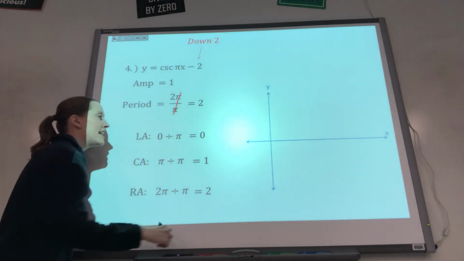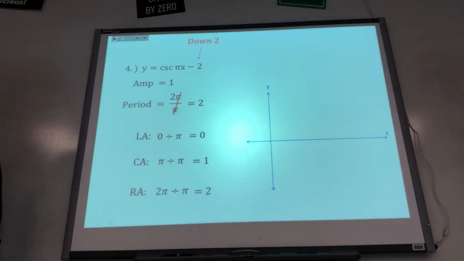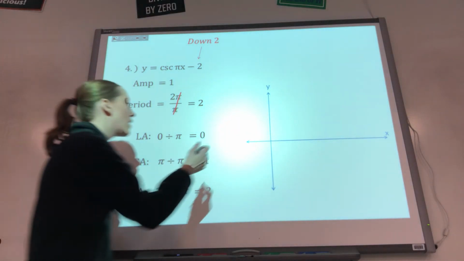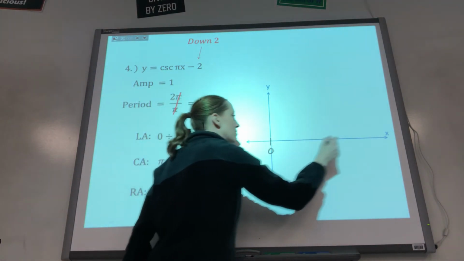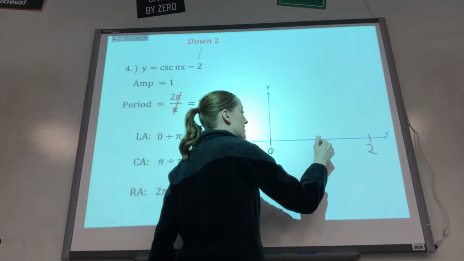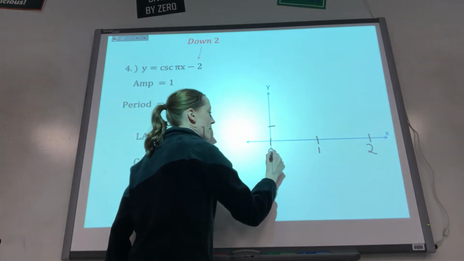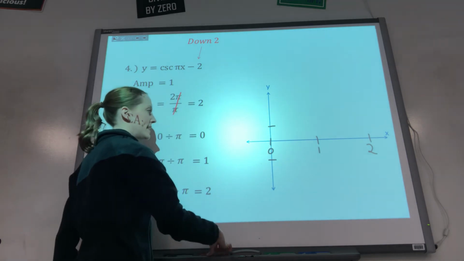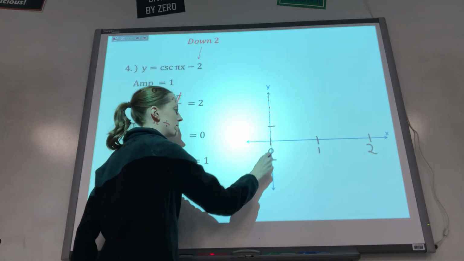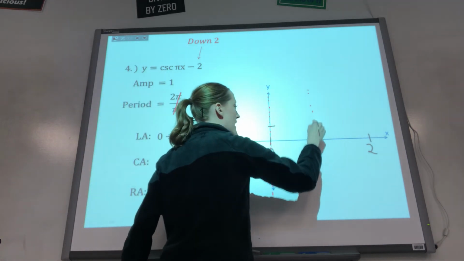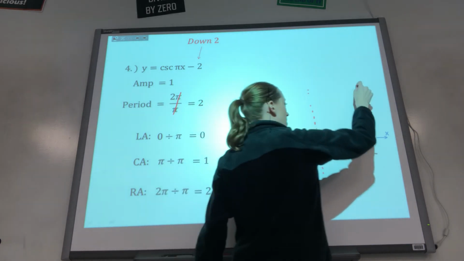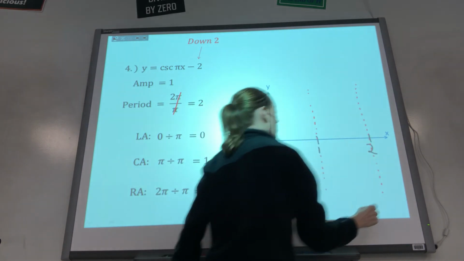All right. Now don't let me forget that I am going to have to move everything down 2. So let's see what I've got up here first. That's a 0, a 1, and a 2. Amplitude is 1. So I'm going to set up my asymptotes here. Okie doke.